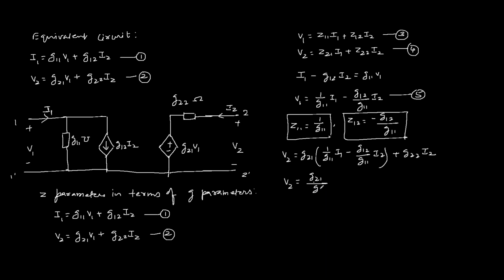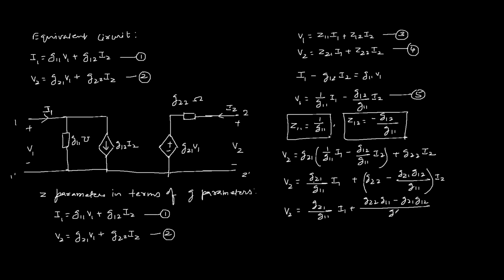I2. So rewriting this equation, V2 is G21 over G11 I1 plus G22 minus G21 into G12 over G11 I2, or V2 equal to G21 over G11 I1 plus this G22 into G11 minus G21 into G12 over G11 I2.